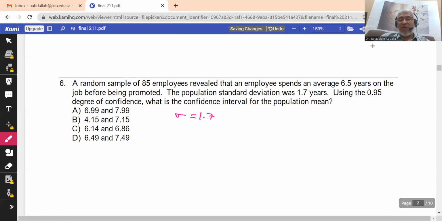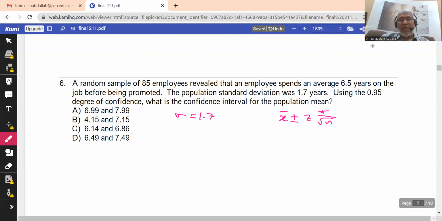Using the 0.95 degree of confidence, what is the confidence interval for the population mean? So we need to find the confidence interval for the population mean. The formula is x bar plus or minus z times sigma over square root of n if sigma is known.